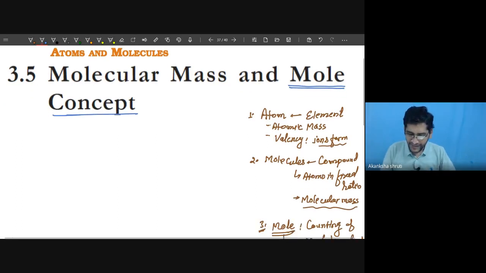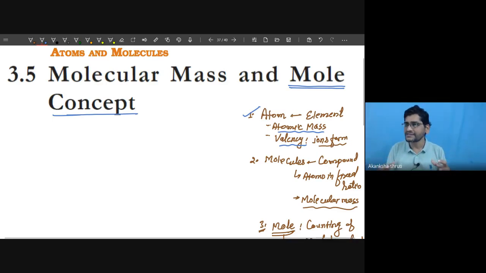We have already finished that matter consists of atoms. Atoms are characterized by their atomic mass and they have a tendency to combine, which is determined by their valency, which means which kind of ion it will form, positive ion or negative ion, and how much charge.